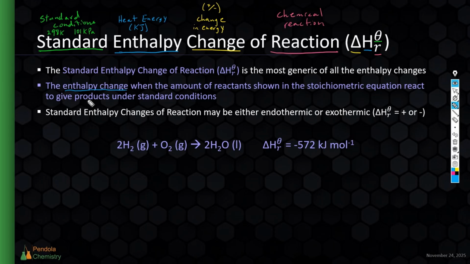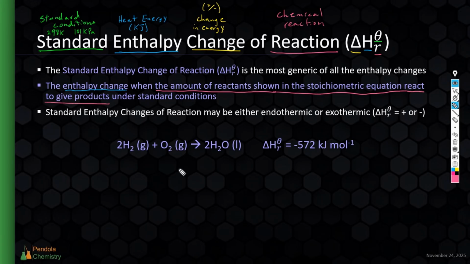Then we're going to move on to what of reaction means: when the amount of reactant shown in the stoichiometric equation reacts to give the products.